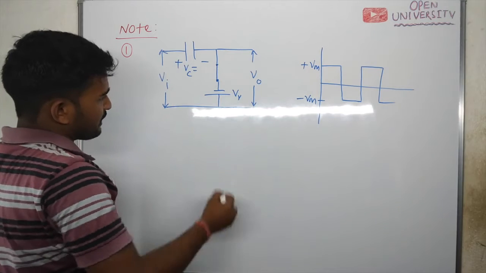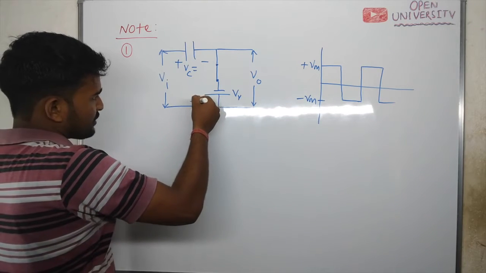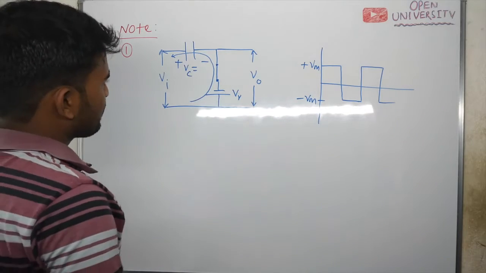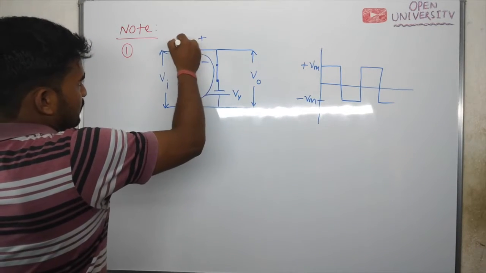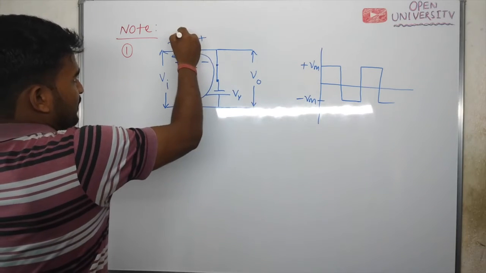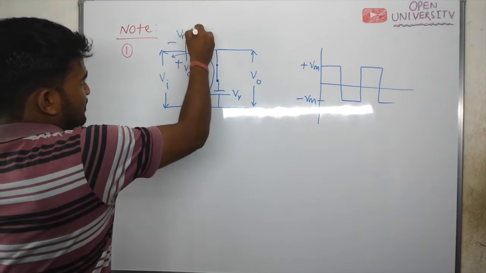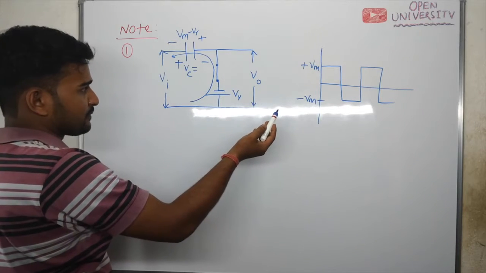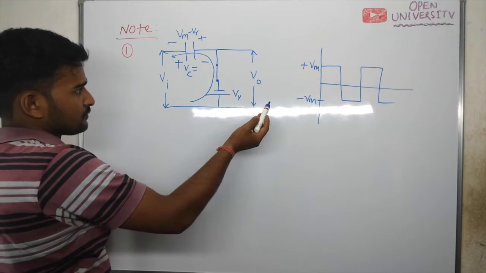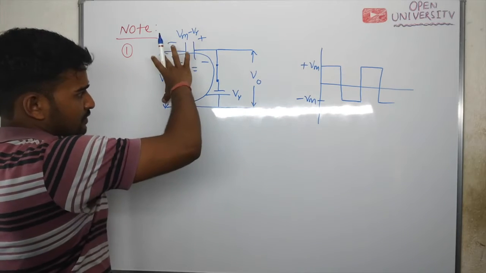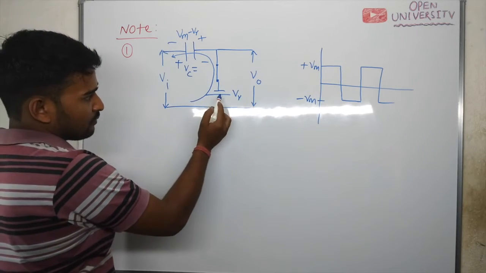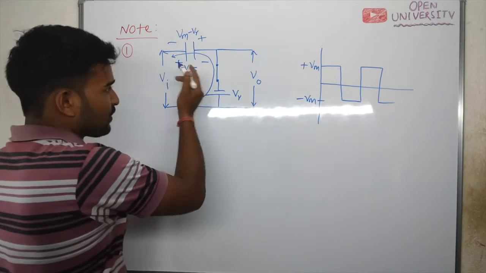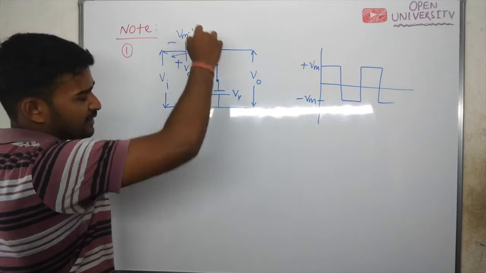Then your capacitor will charge through the diode up to Vm minus V gamma, because the maximum value of input is Vm, and some of the input voltage will drop across this battery, V gamma.